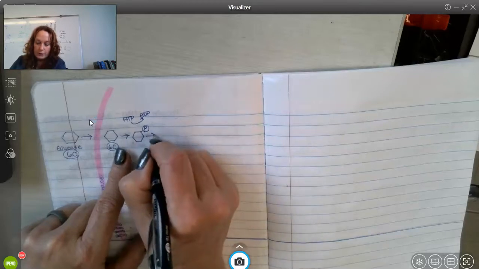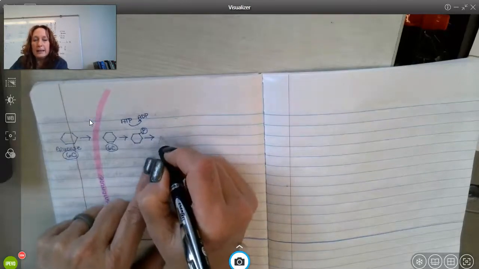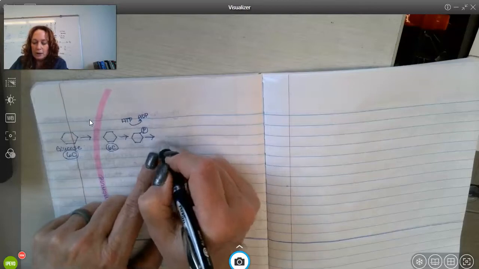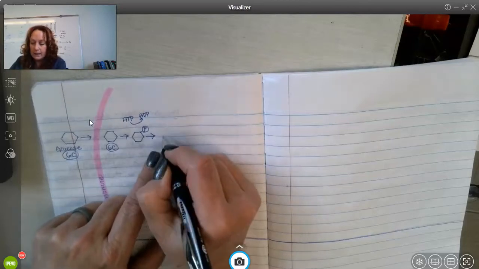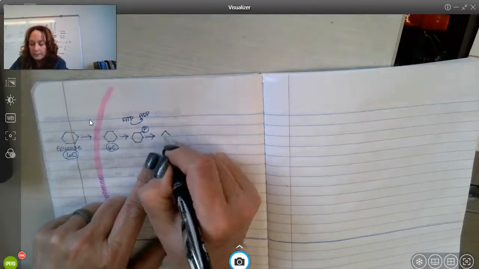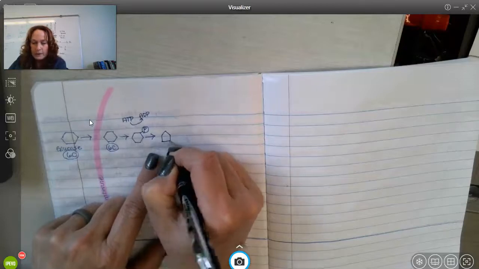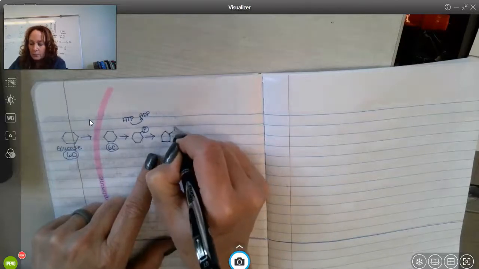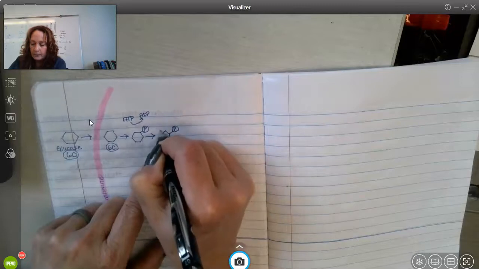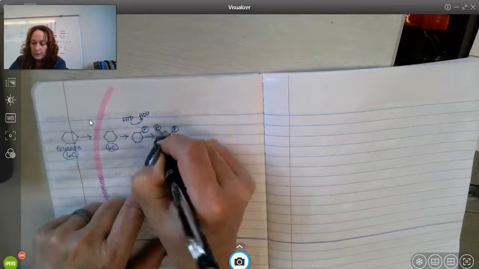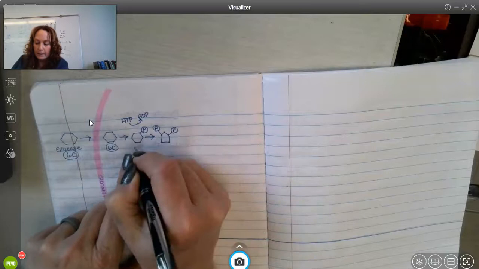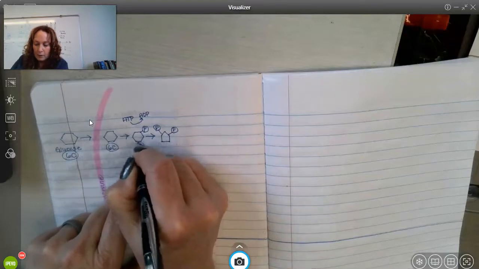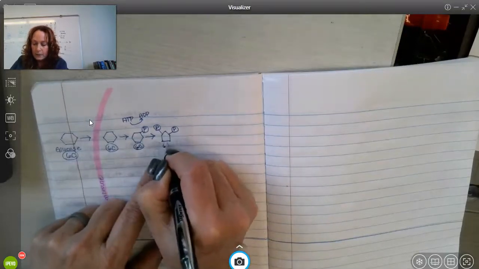Then glucose is going to be phosphorylated again, and it changes its configuration. Now I'm not being exact here, I'm just making the point that we've got this difference now in what the molecule looks like. We still have 6 carbons.